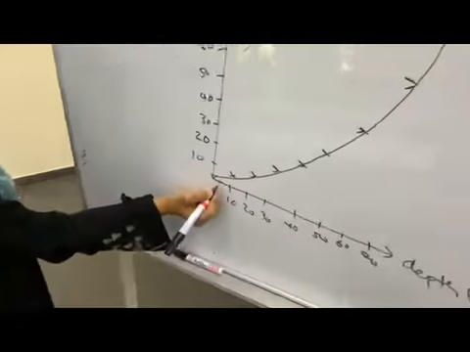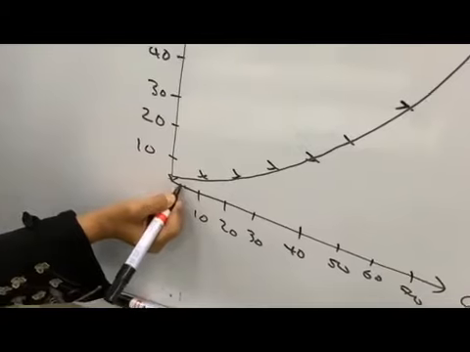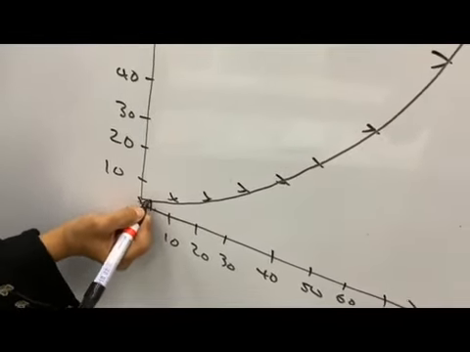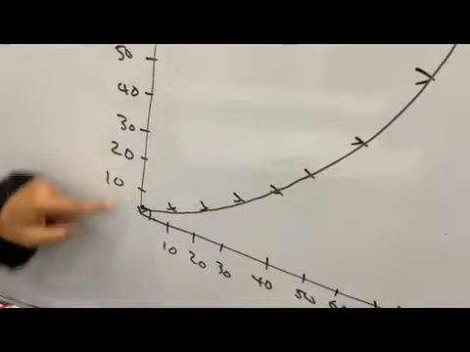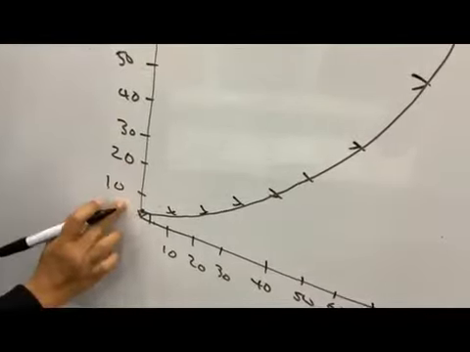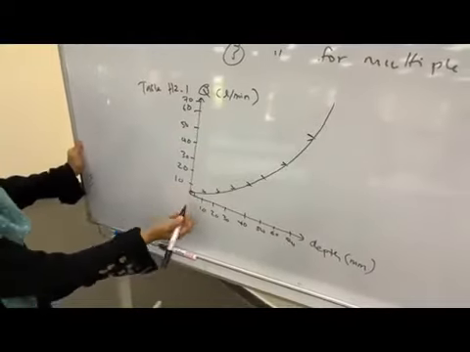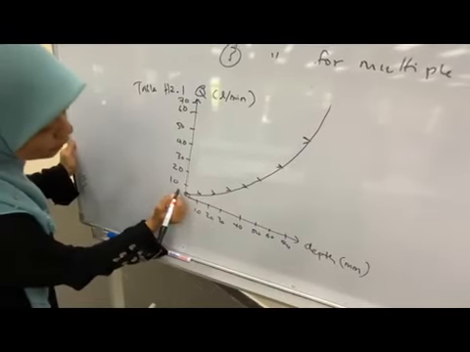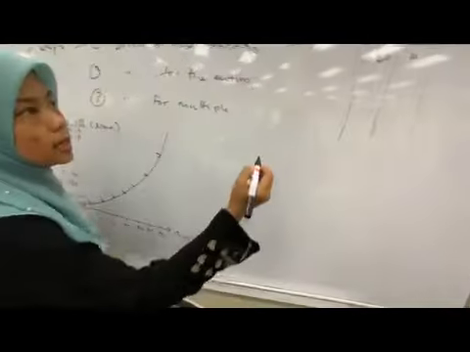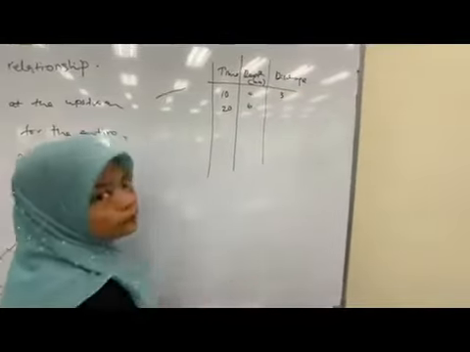So this is 4 millimeter. You just extend the line and then project to the y-axis. This is the value of the discharge for the depth of 4 millimeter. It might be 3, so the answer here is 3.